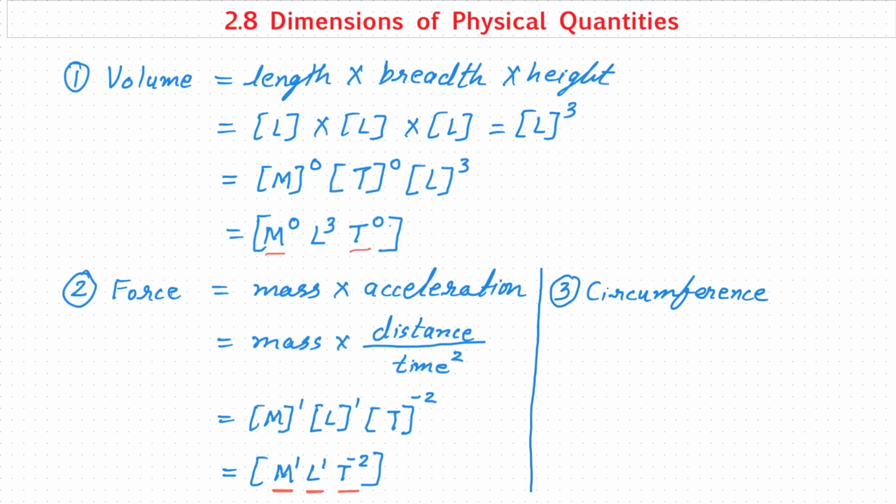You know that circumference is equal to 2 pi into radius. Now 2 and pi are constants, so they will not be considered in the dimensions. Radius is one sort of length only. That's why the dimension of circumference can be written as just L1. Again, note that the magnitude and the constants are not taken into consideration in this equation.